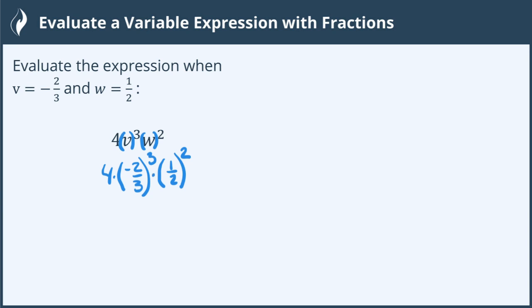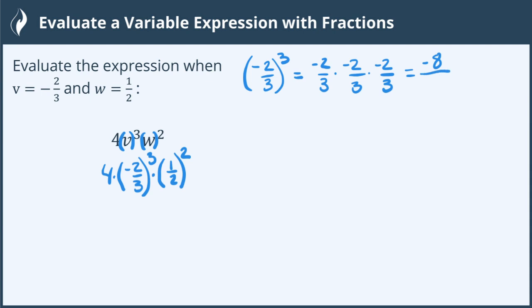Now, using the order of operations, that means I need to do those exponents first. So I'm going to work on the negative 2/3 being cubed up here. When I have that cubed, that means that I have it 3 times. So that means I have negative 2/3 times negative 2/3 times negative 2/3. And negative 2 times negative 2 times negative 2 gives me negative 8.